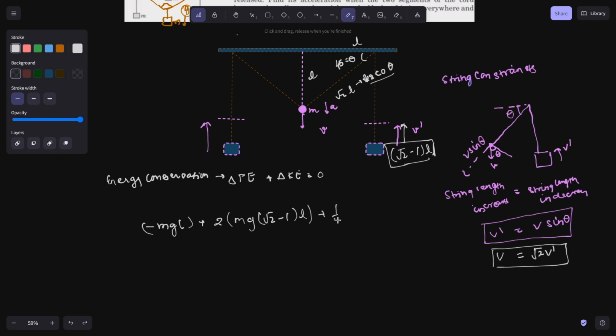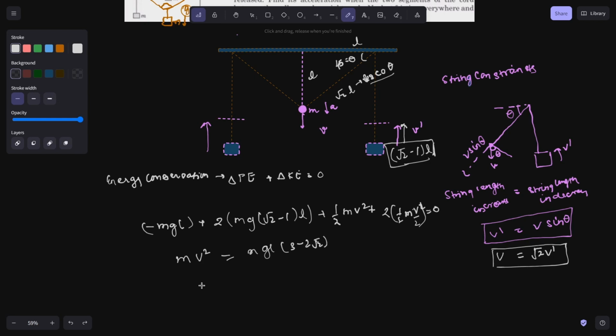Now we add the kinetic energy. For the central block it is half mv square, and for these two masses it is half mv square by 2, because v dash is v by root 2. After solving this, we get the equation mv square is equal to mgL times 3 minus 2 root 2.